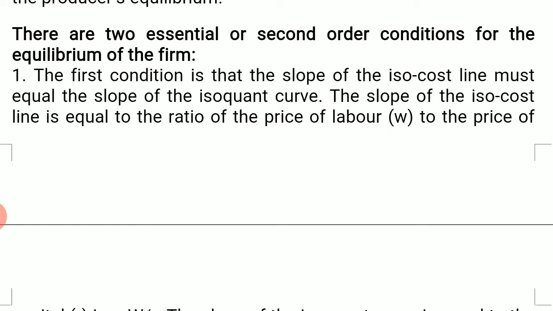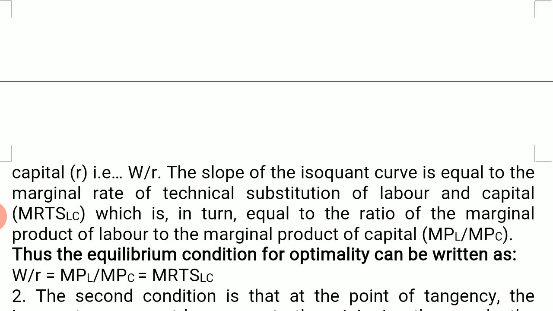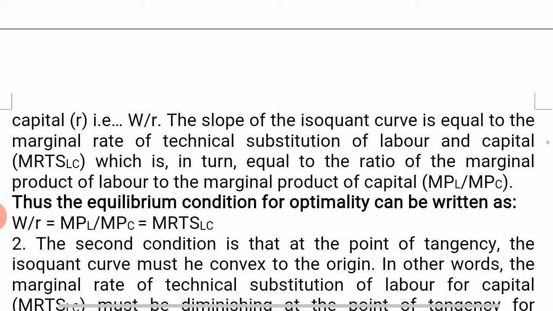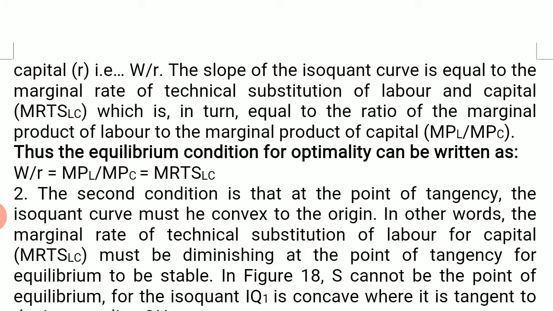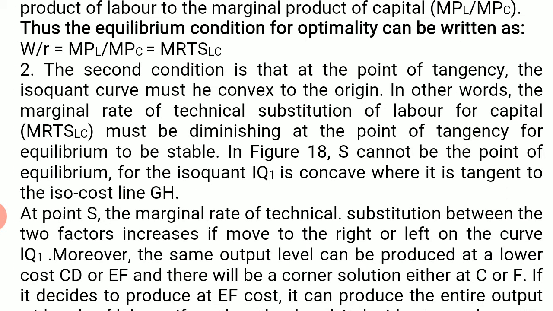The slope of the isocost line is equal to the ratio of the price of labor, that is W, to the price of capital, that is R, that is W upon R. The slope of the isoquant curve is equal to the marginal rate of technical substitution of labor and capital, which is in turn equal to the ratio of marginal product of labor to the marginal product of capital, MPL upon MPC. Thus, the equilibrium condition for optimality can be written as W upon R is equal to MPL upon MPC is equal to the marginal rate of technical substitution of labor and capital.